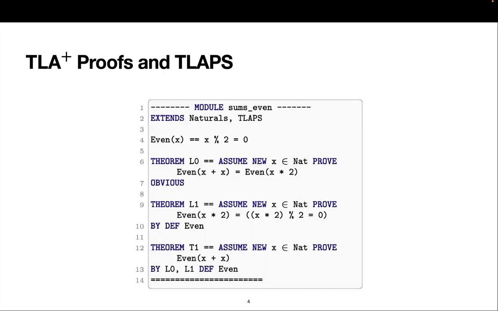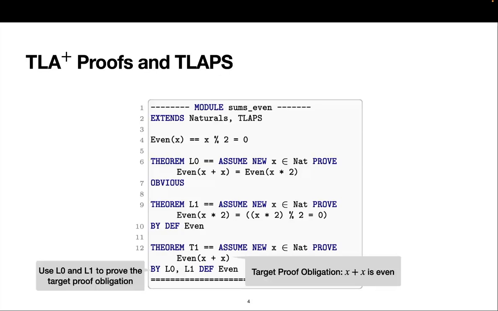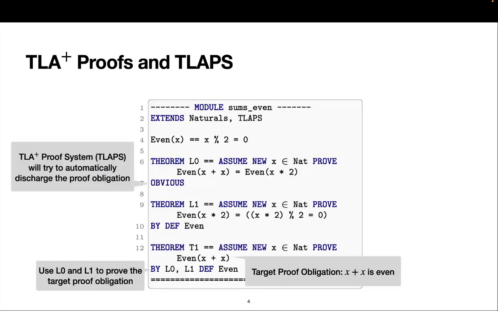Here is an example of a complete TLA plus proof module. The target theorem we are trying to prove is T1. It says that x plus x is even. We use L0 and L1 as intermediate lemmas to prove this obligation. For theorem L0, TLAPS will try to prove that automatically because it uses the obvious directive.